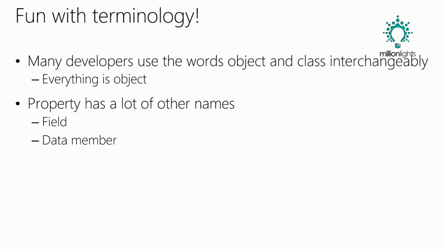On top of that, the word property has a lot of other names, and in .NET, property means something very specific. Sometimes people will call it a field, sometimes a data member, sometimes a property. It's just one of those things that you have to roll with, I think is the best way to describe it.